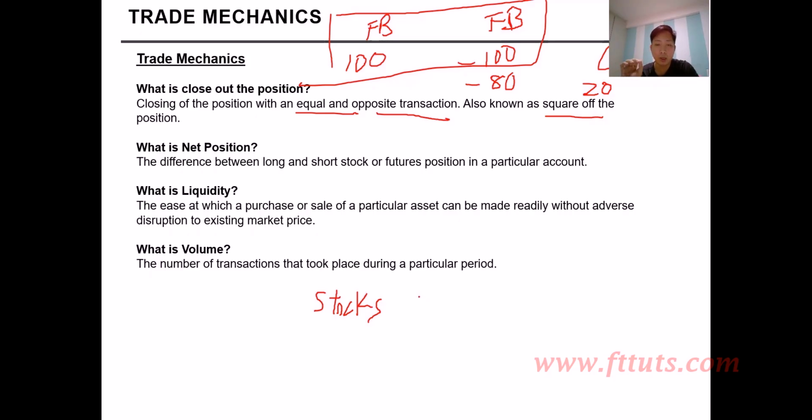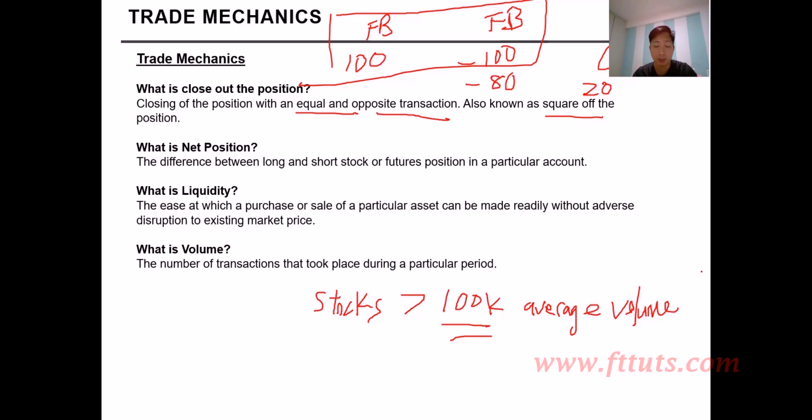When I teach you in the subsequent lesson how to do screening, you'll screen for stocks that have an average volume of more than 100K. Stocks with an average of 100K volume, regardless of the price, tend to have better liquidity, which means you can buy and sell readily. So liquidity is very much tied to the level of volume.